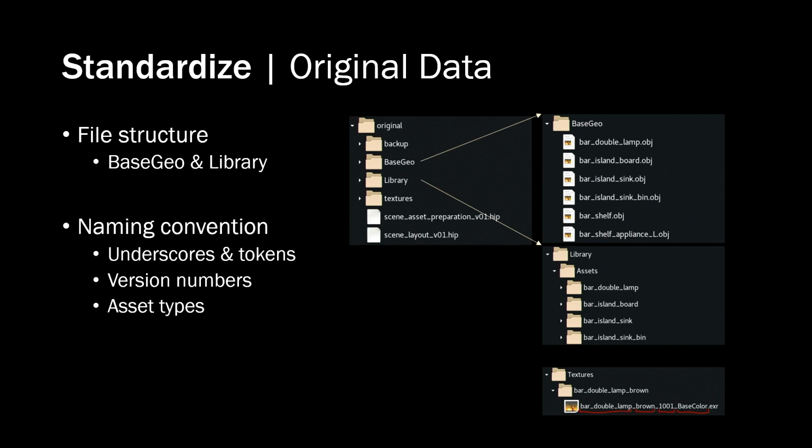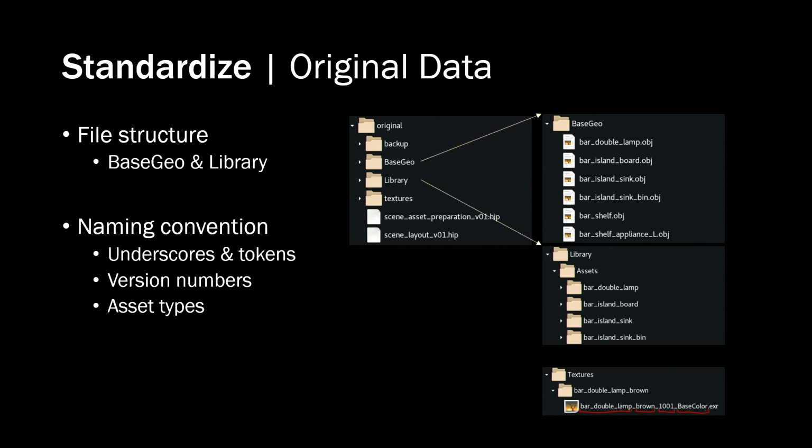What I decided to do is just look at everything, and there are just a few things I noticed, like the OBJ files were in this directory called base geo, and then the assets were in another directory called library, and chances are that at your studio, no matter the file format, if OBJ, Alembic, or USD, your files will be under an asset directory for that specific asset, and you wouldn't have a root directory that is the format and then down the structure another for the asset. So I just decided to take those elements and move them somewhere else.